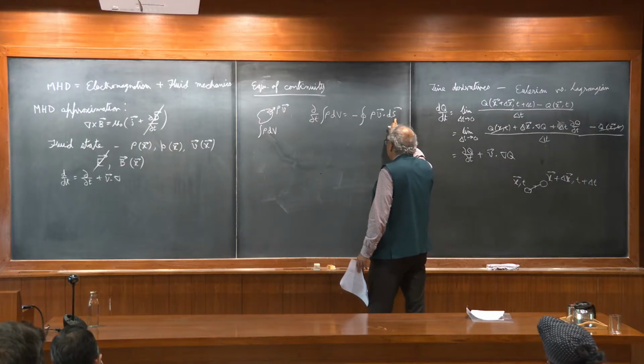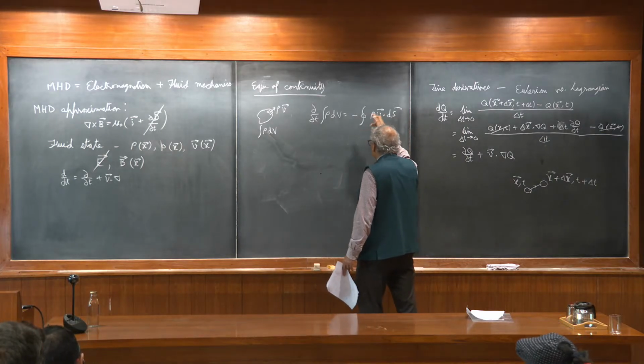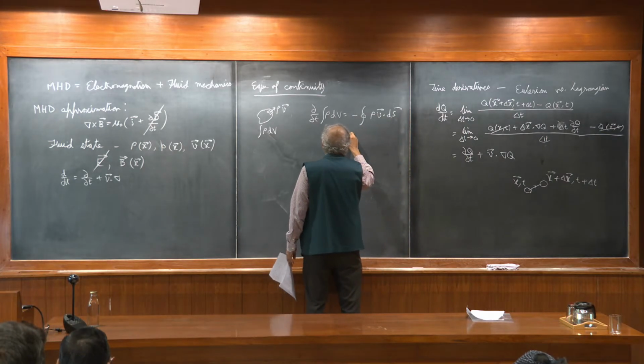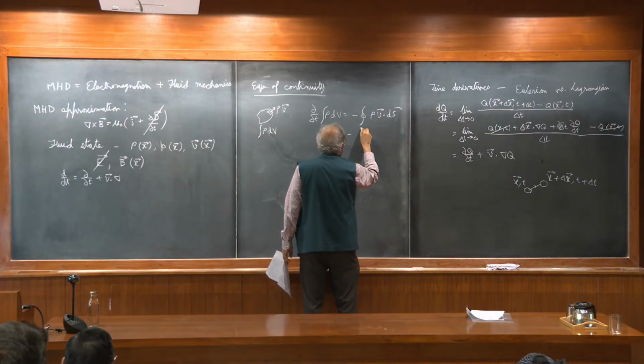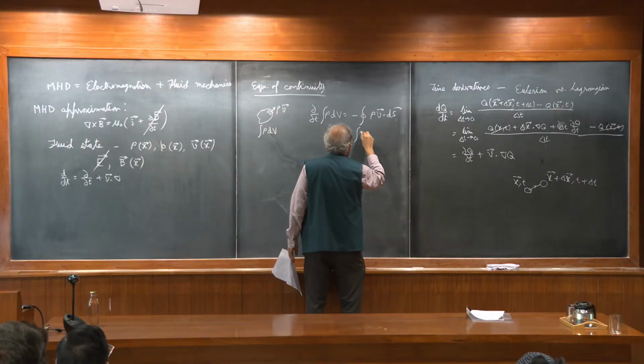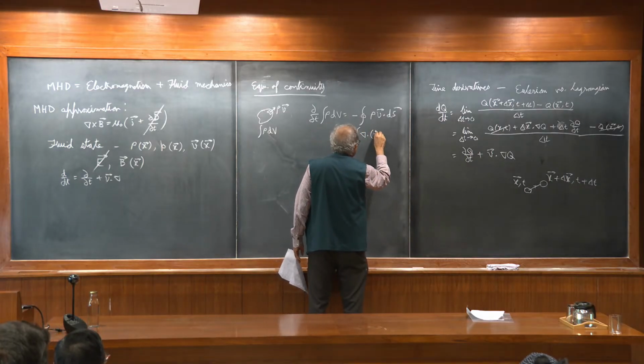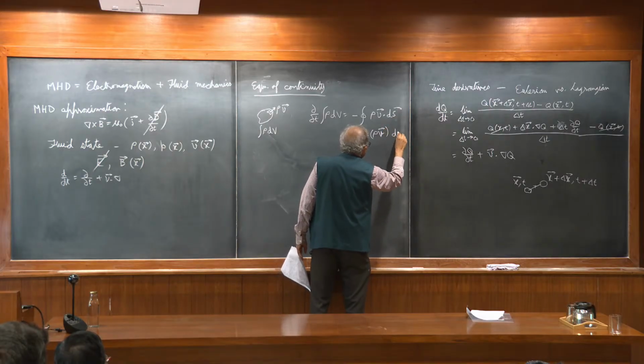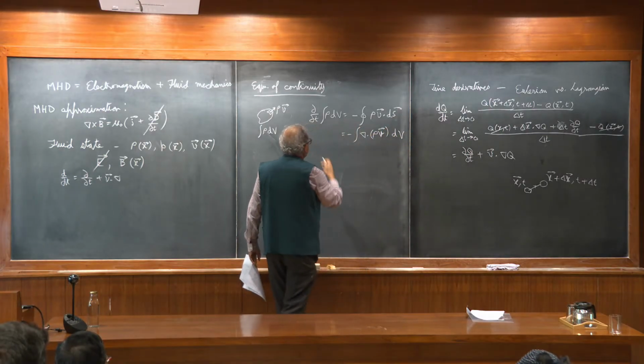This is a surface integral which you can easily convert to a volume integral by Gauss's theorem. So the volume integral will be the divergence of rho v, dV, and you can bring it to this side.